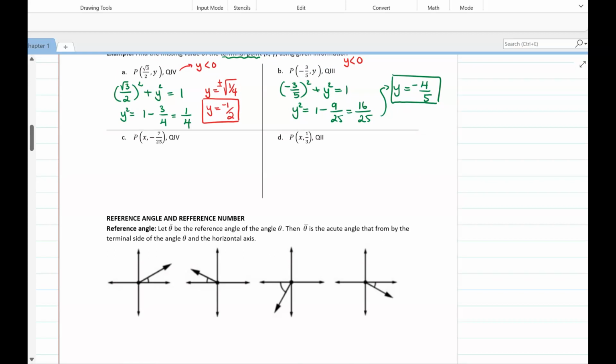In the next problem, we want to find the value of x, given the value of y is negative 7/25, and it is in quadrant 4. This means that x is positive here. Again, we use the unit circle equation.